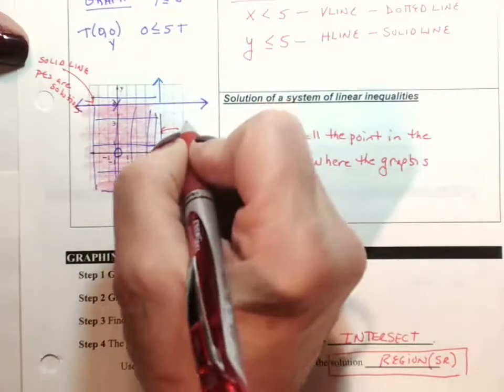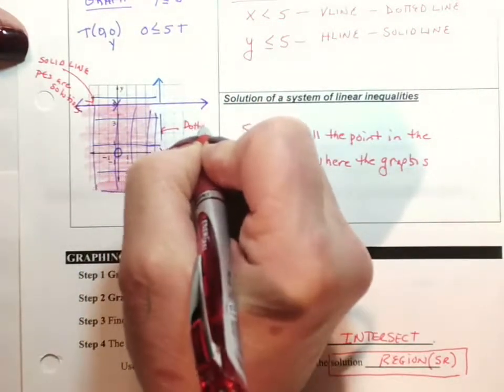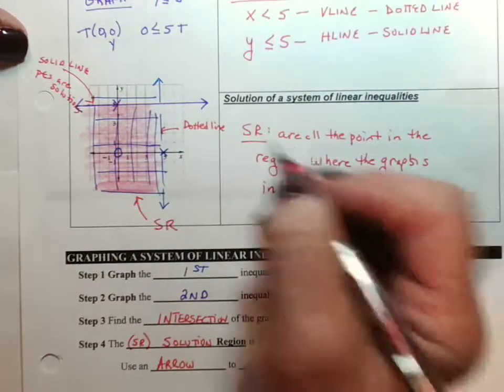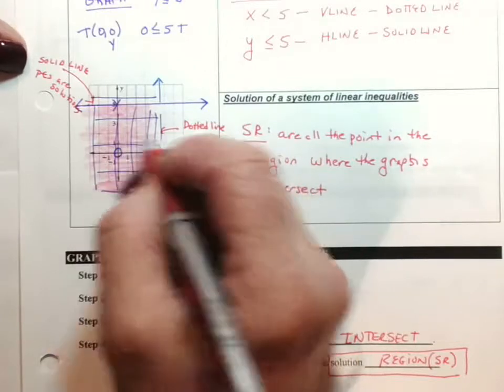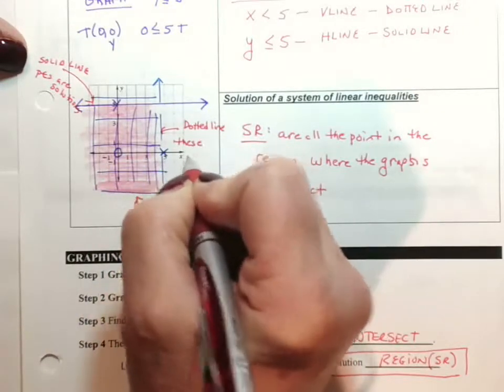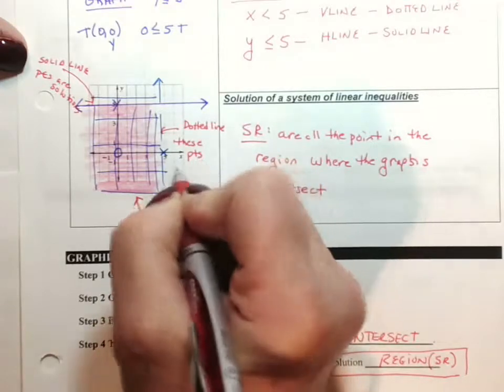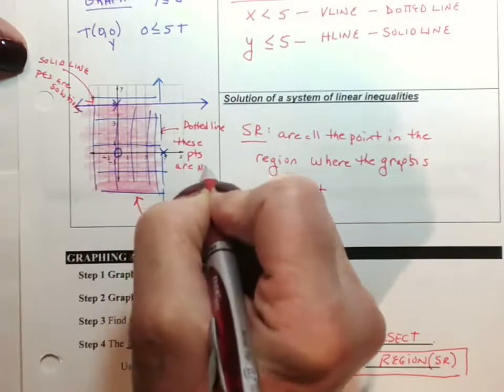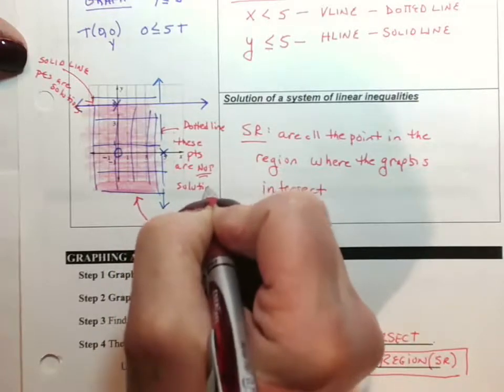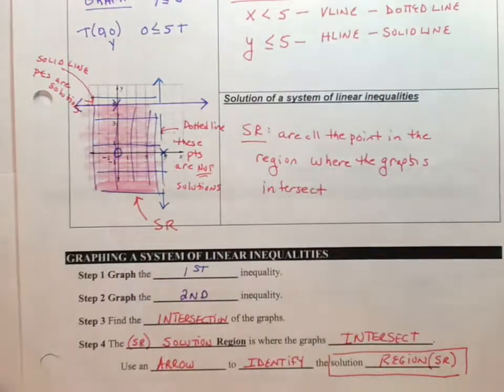This is a dotted line, so that means these points are not solutions. So that's a very simple example of solving systems of linear inequalities.